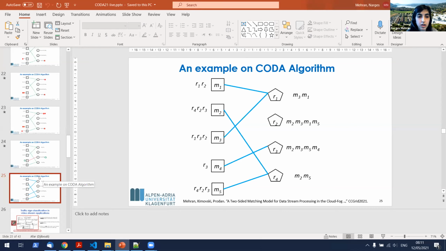At the moment, what we considered was based on the microservice time and the residual bandwidth. Each side will try to minimize its requirement, for example the microservice time, so that it will target the resource which has a lower microservice time.